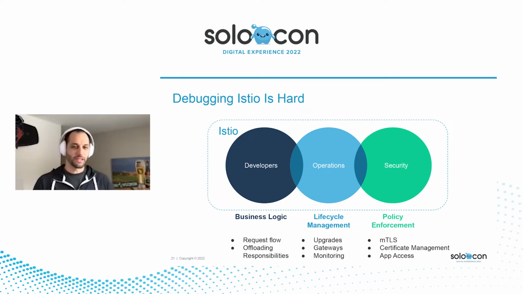Certificate management is actually a pretty big thing within Istio that we are now seeing our customers really utilizing to hand out certificates and enable MTLS. And then application access. So you're able to say within an Istio mesh which applications can talk to other applications and which ones can't.